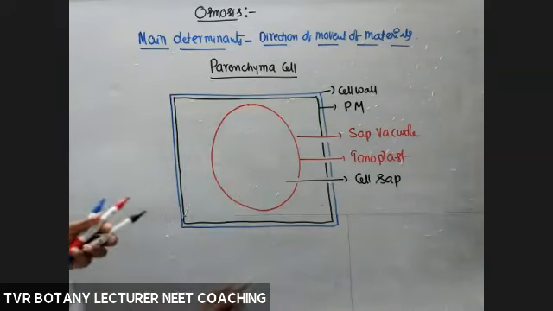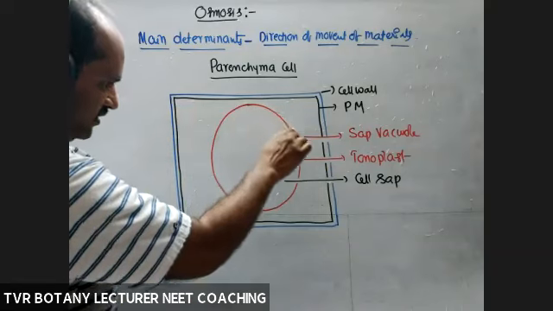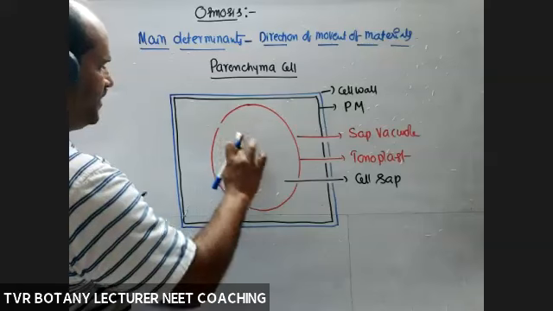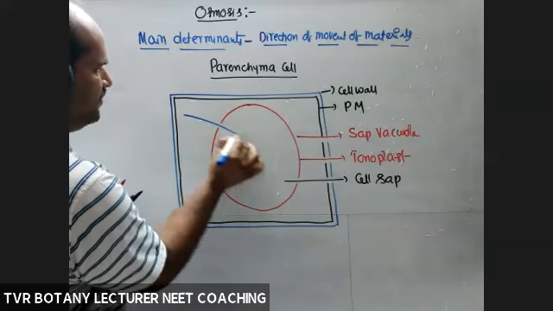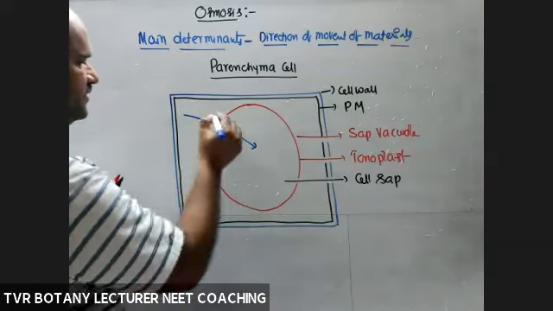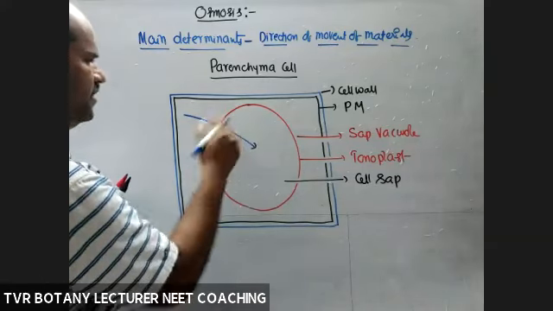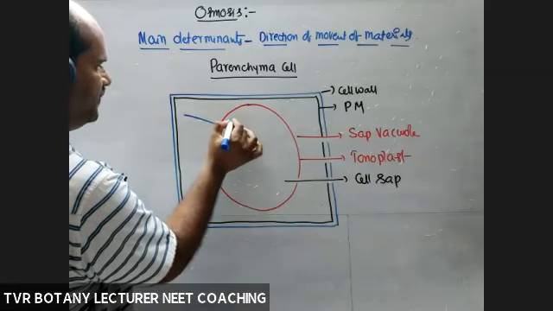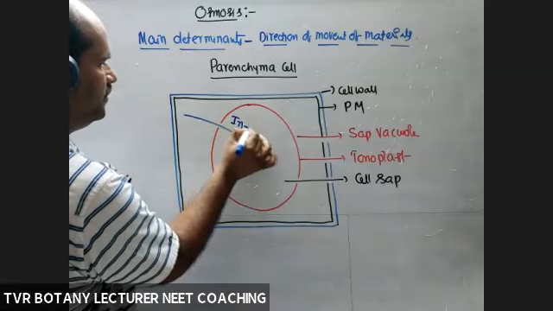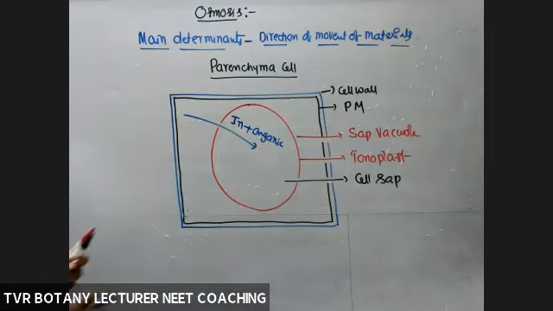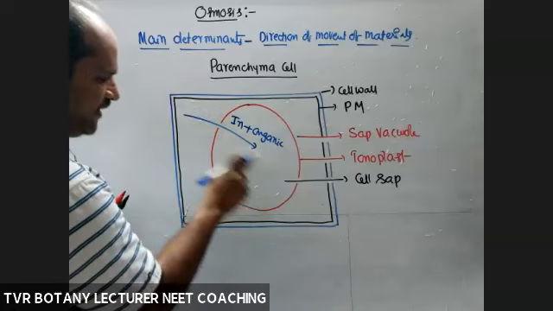So what about the role of this tonoplast? If you go back to cell biology, a number of materials, inorganic plus organic, metabolic end products, byproducts, waste products out of use are transported into the vacuole.